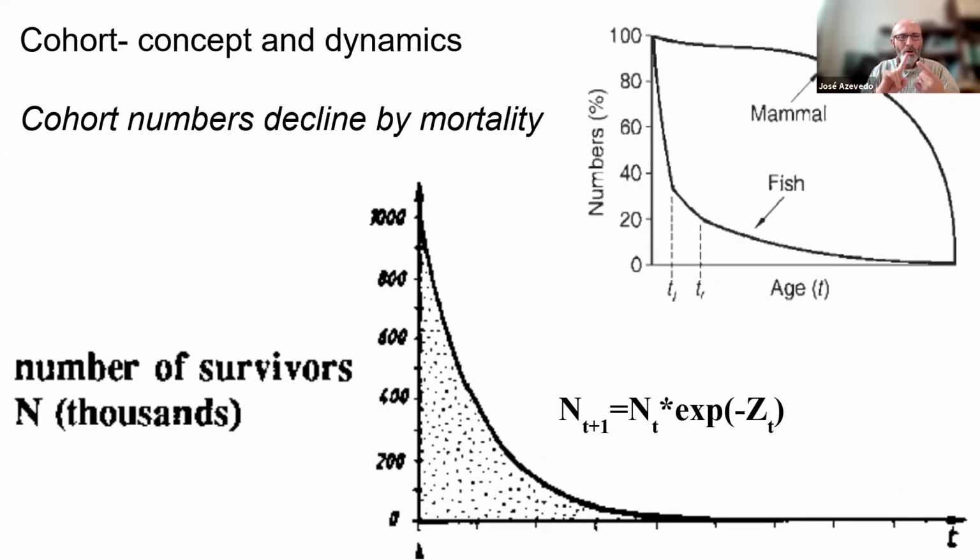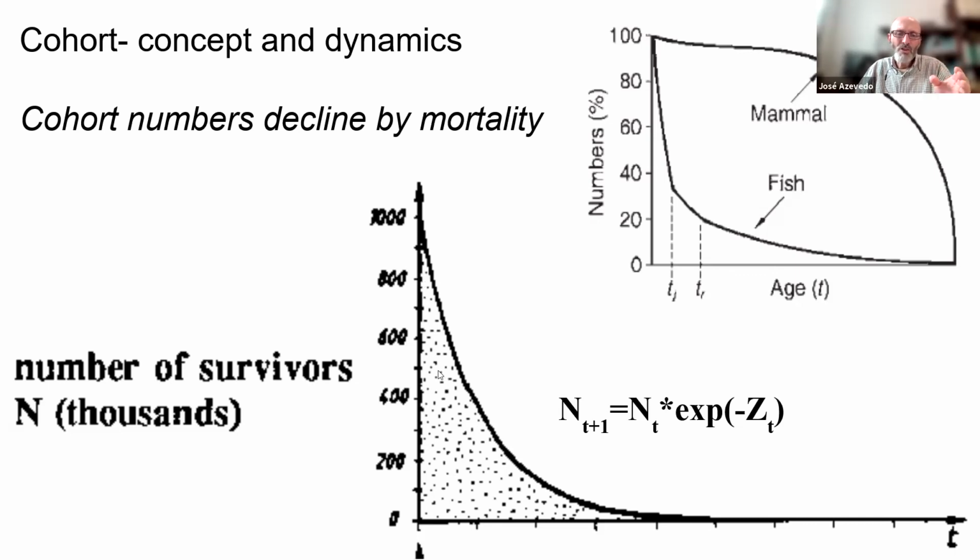So mortality means that there's lots of fish in the beginning when the animals are young, and fewer fish as the animals grow old. But these animals that we have lots of when they're young are also small, and so their weight is small. So although there are lots of fish here, the cohort biomass is small because the fish are small.